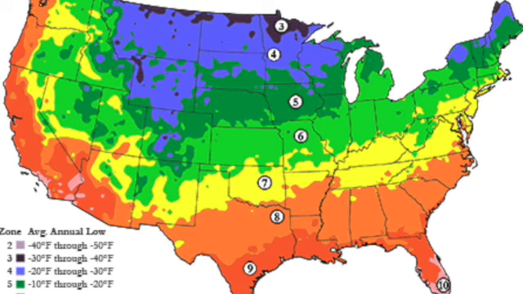So if you're in zone 3 or zone 4, you're getting really cold, into the negatives. But if you're in zone 8 or 10, you're definitely not going to get that cold. The reason why zones are important is because they tell us which perennials we can have in our area. So in a zone 4, you're not going to have a tropical plant because it can't handle negative 20 to 30 degrees.